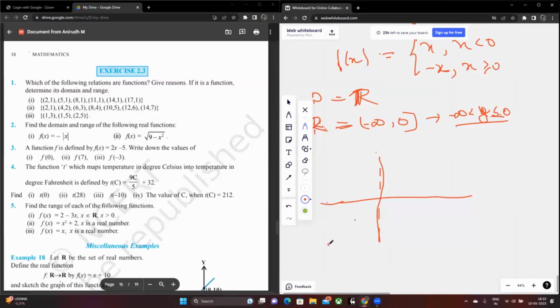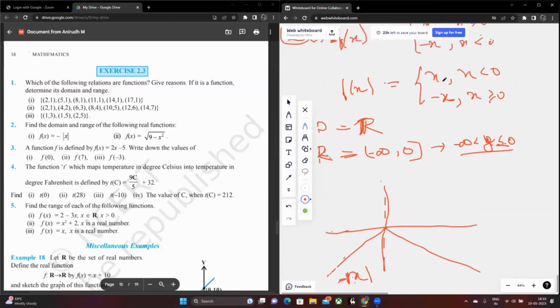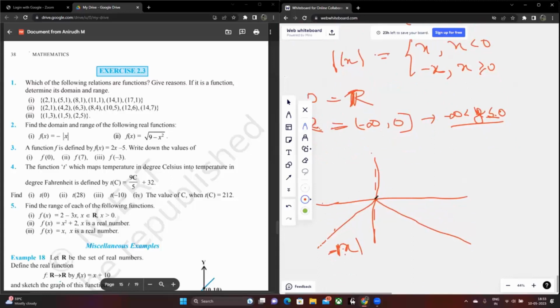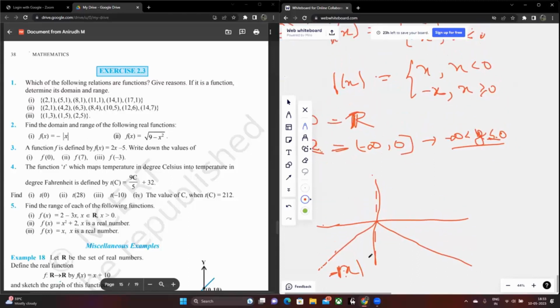So your minus mod x is going to be this line, this line, and this line. This is x up until 0, x if x is less than 0. And this is minus x if x is greater than or equal to 0. And it touches at 0.